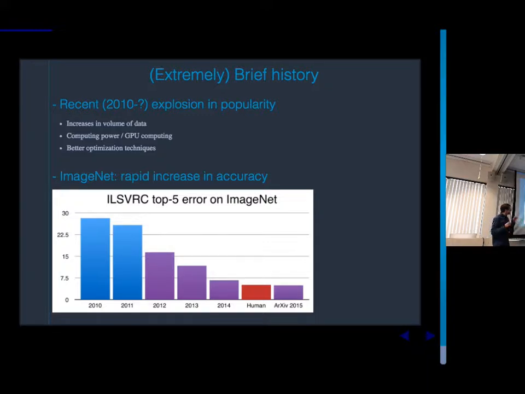So at this point, we're basically at human level accuracy for this specific task. I would not claim that we're at human level accuracy for every computer vision task. But we're moving in that direction in a surprising number of fields. And that was only 2015, so 2016 we've exceeded human level accuracy, so we're now all irrelevant.